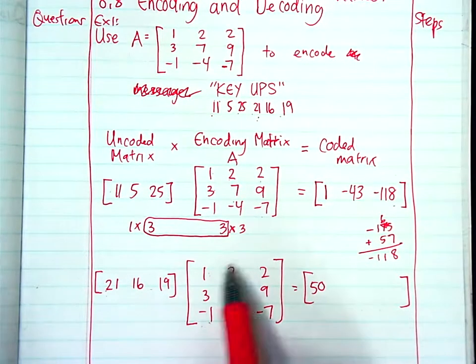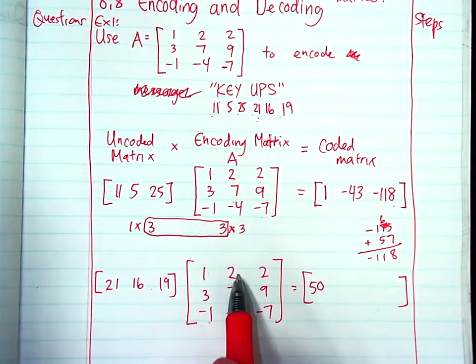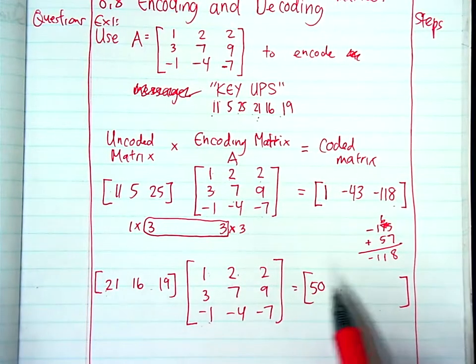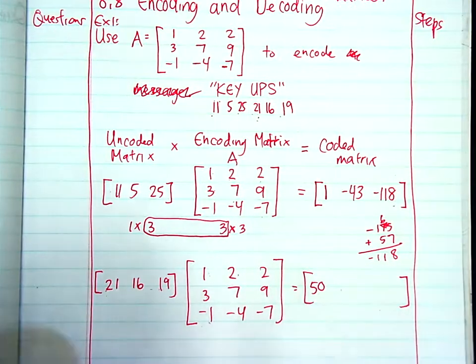Then this row times this column, so it'll be 42 plus 16 times 7 is 112, plus 42 is 154. 154, and then 19 times negative 4 is negative 76. So 154 minus 76 is 78.